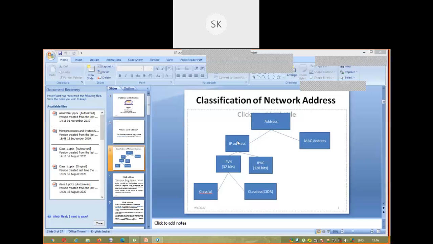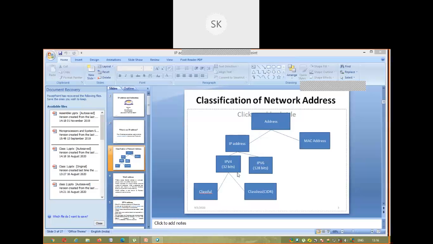And another one is IPv6, Internet Protocol version 6. These are the two categories of IP address: IPv4 and IPv6.